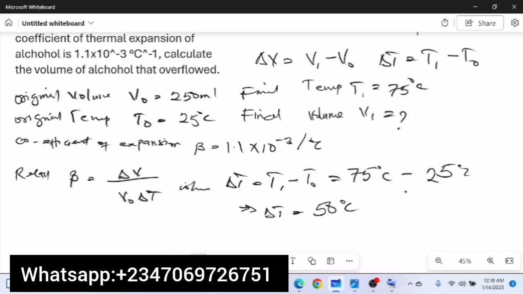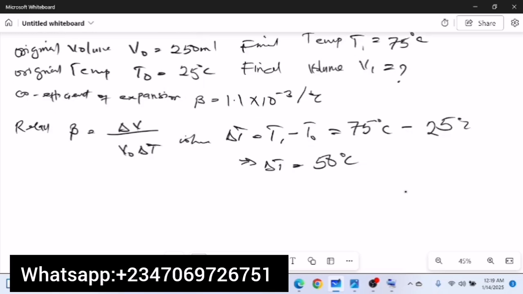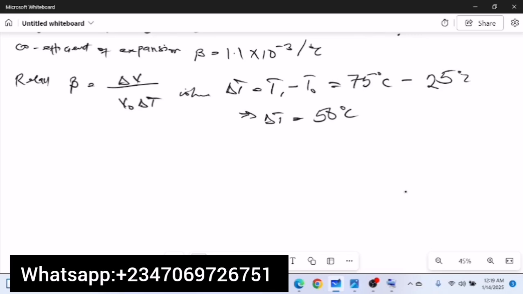Now we know the original volume. Let's make change in volume the subject of the formula. From the general equation, the change in volume is equal to beta multiplied by V0 multiplied by the change in temperature.